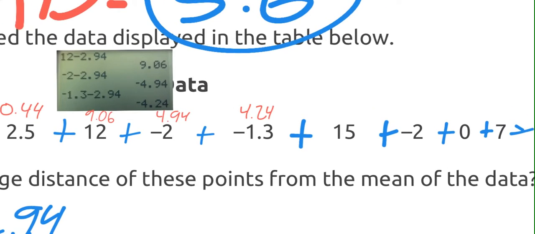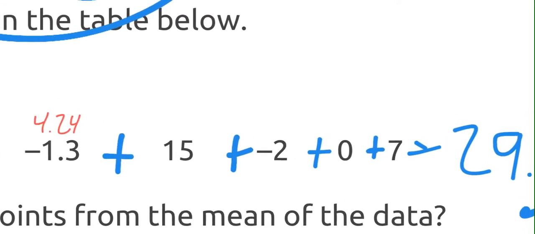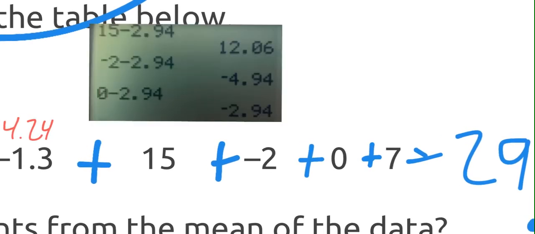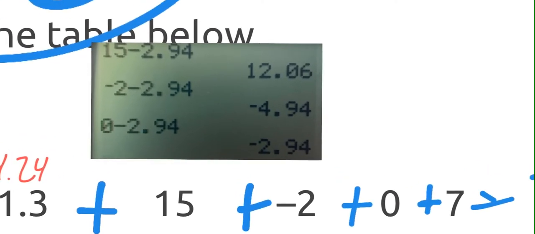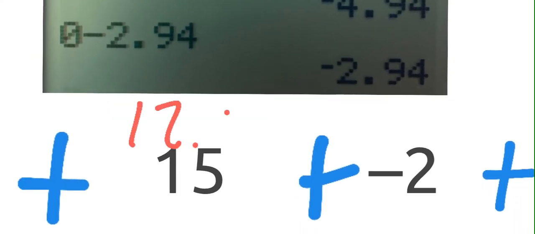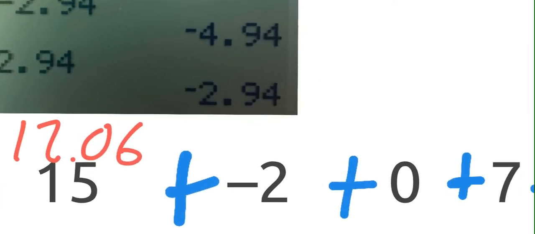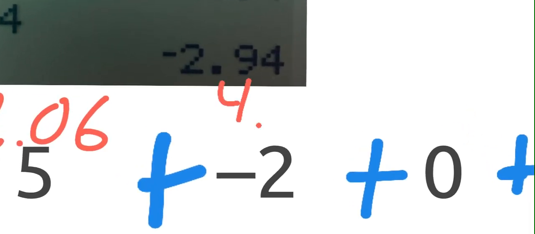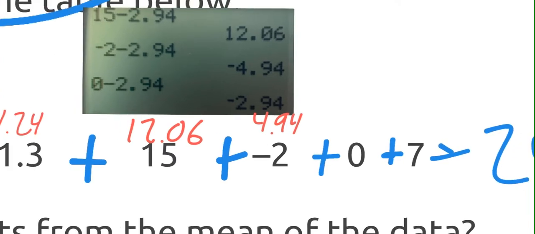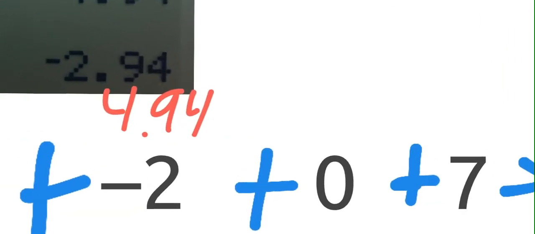All right, so on 15, we did 15 minus 2.94, we got 12.06. -2, you subtracted 2.94 and got 4.94. 0 minus 2.94, we got 2.94, obviously.